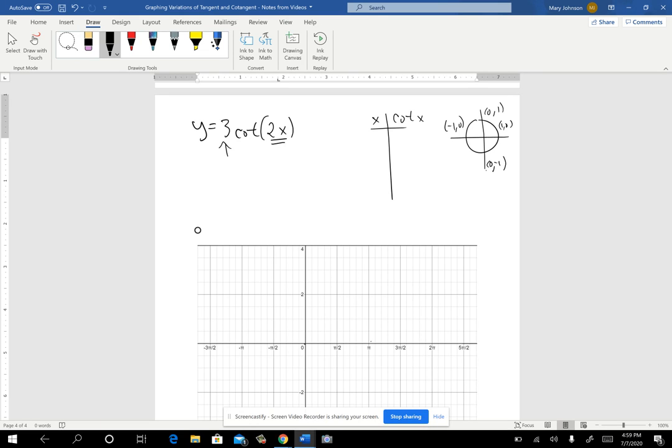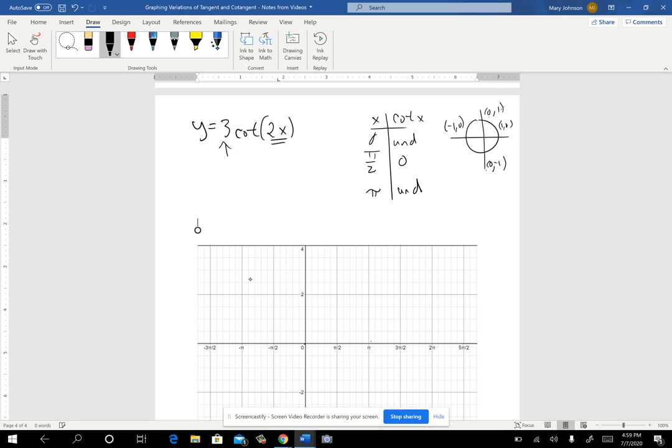Cotangent, that's x divided by y. We wound up being undefined when x was 0. But then when we were at pi over 2, that's when we wound up getting 0. And then when we were over there at pi, we're undefined again.